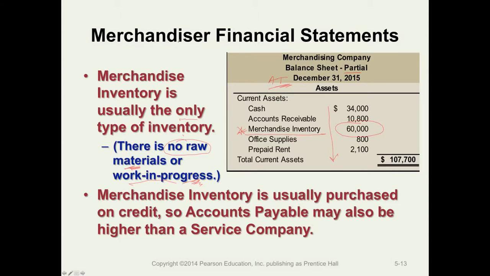And of course, accounts payable is an important liability for a merchandiser, the key way in which we acquire inventory, where we have open or trade credit. So you would expect that accounts payable would be significantly higher when you deal with a merchandising company.